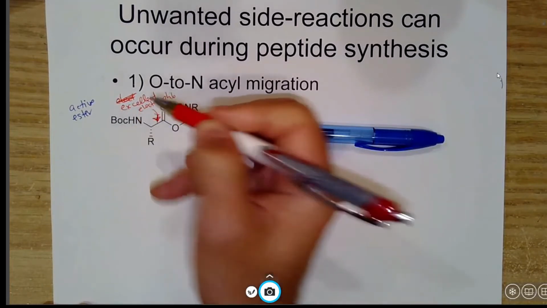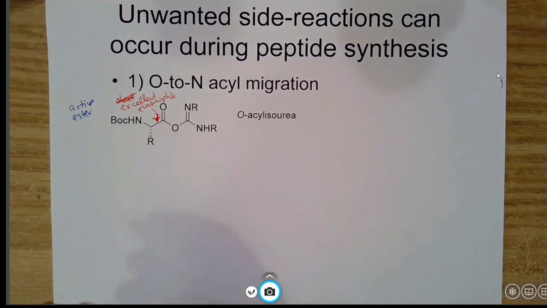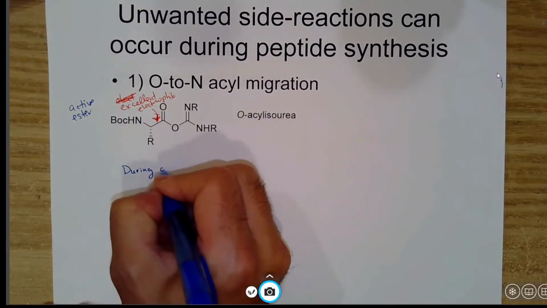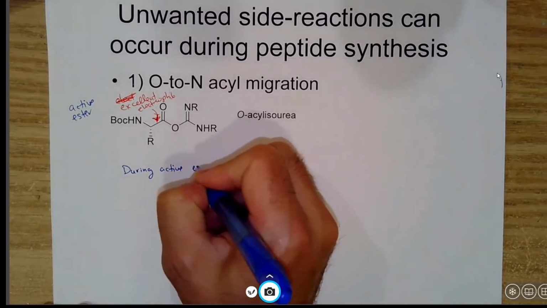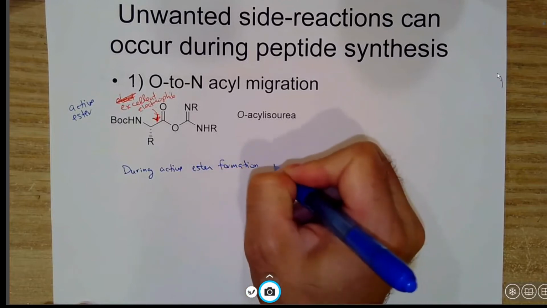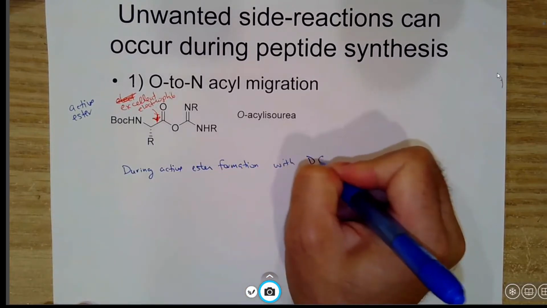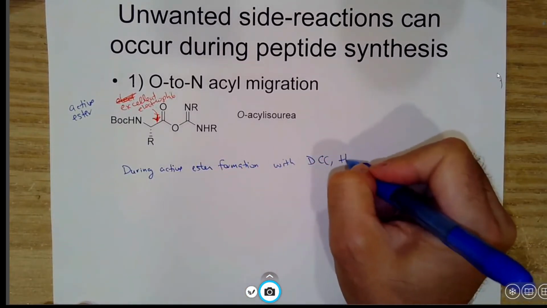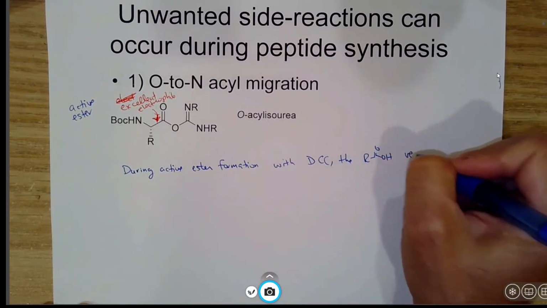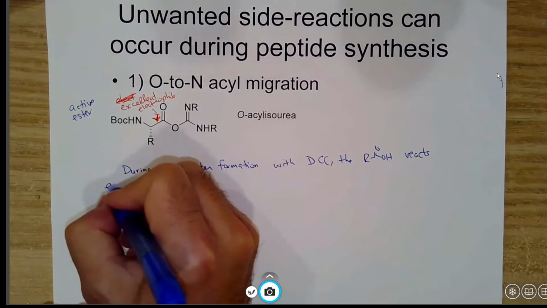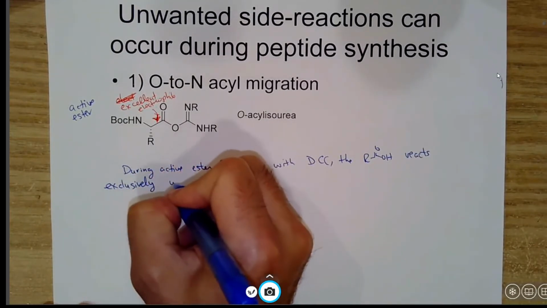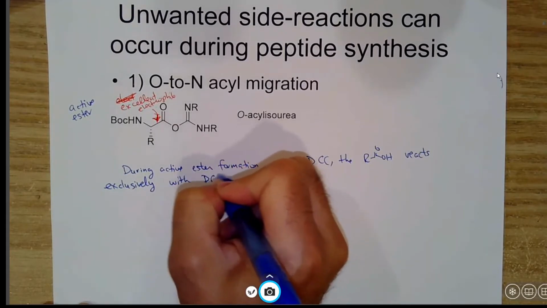Okay, so when you're doing this reaction, during active ester formation with DCC, the carboxylic acid reacts exclusively with DCC.